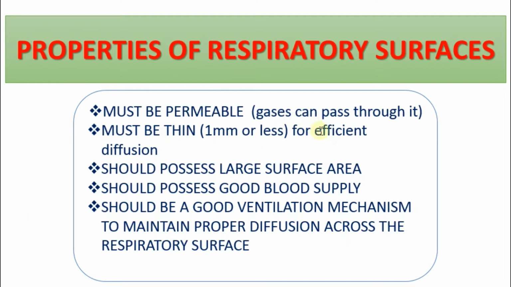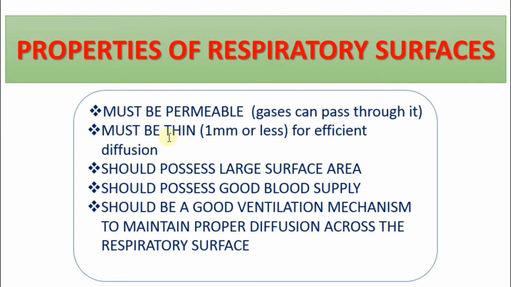These are the properties of a respiratory surface, that is, what type of respiratory surface must be in the organism for the efficient exchange of oxygen and carbon dioxide. The first is it must be permeable, so that gases can pass easily through it.